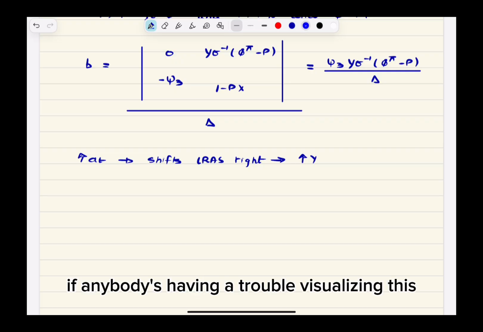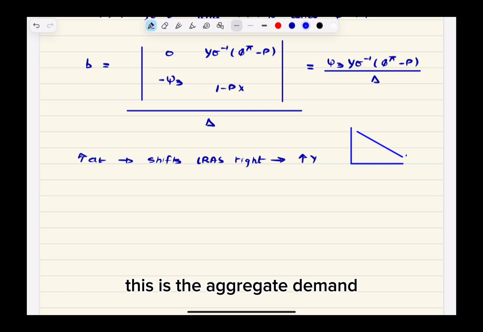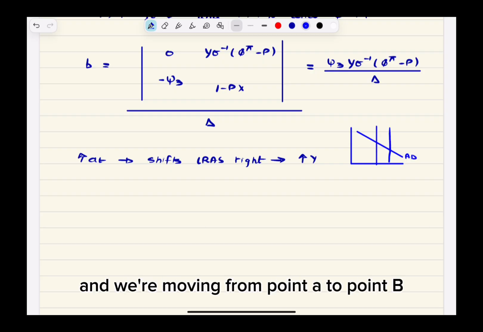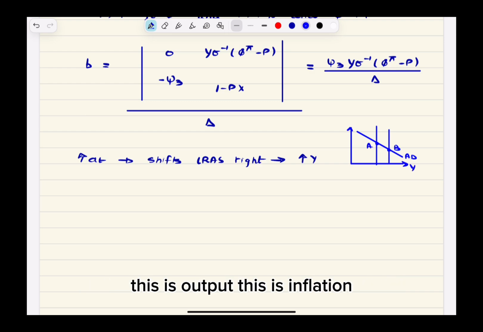Just in case if anybody's having trouble visualizing this, this is the aggregate demand and we're moving from point A to point B. This is output, this is inflation.